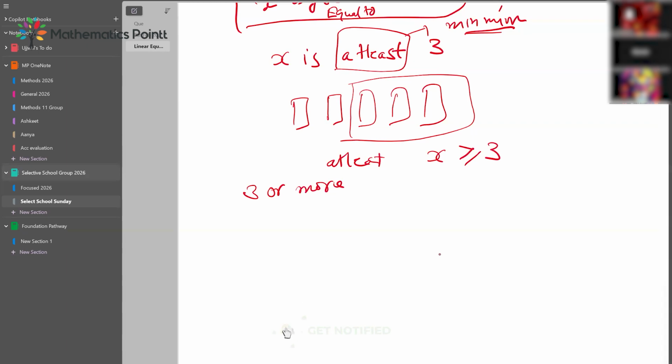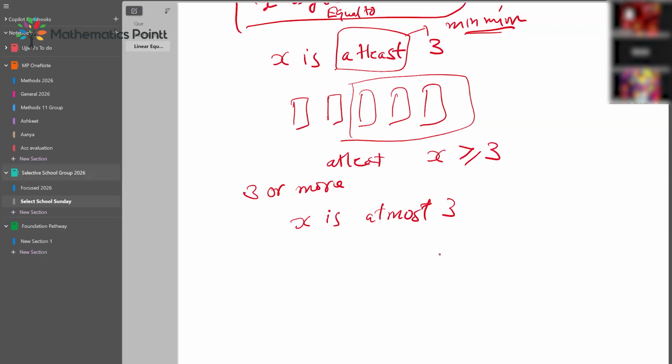Good. If I say x is at most 3, write this down. At most. Hint, it is the opposite of at least. All of you, there are 40 odd people here, 43.